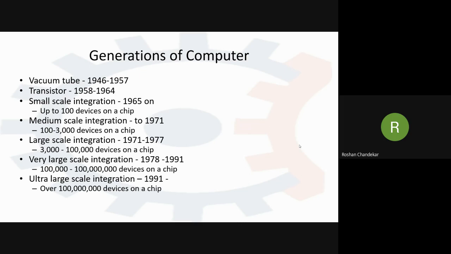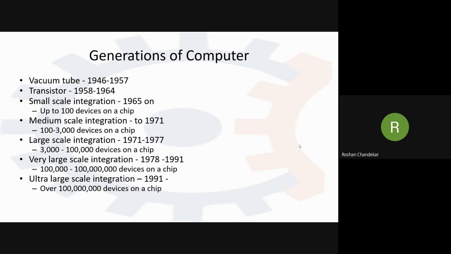Then large scale integration, from 1971 to 1977, included 3000 to 10,000 devices on a chip. Very large scale integration, from 1978 to 1991, put 10,000 to 1 crore devices on a single chip.